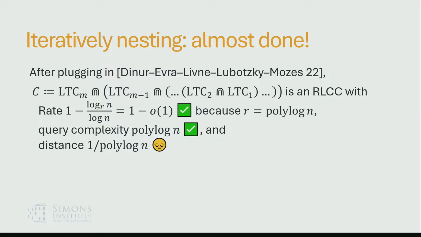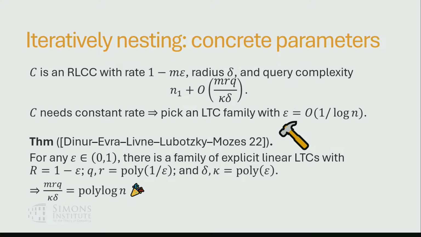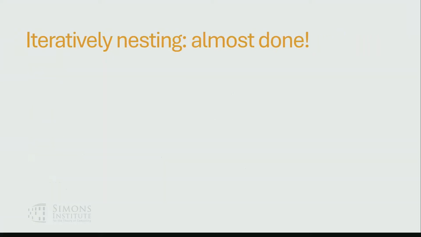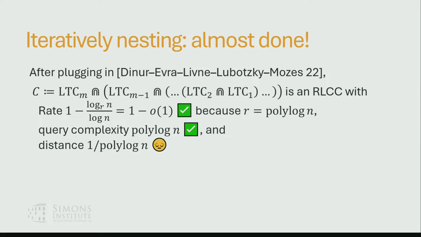But the problem is that now the distance is like 1 over polylog n. Because when choosing epsilon to be 1 over log, just like with the Singleton bound or any classical bounds, if you have rate that close to 1, the distance has to be subconstant. So with this instantiation, the distance is 1 over polylog n, which is not asymptotically good yet.